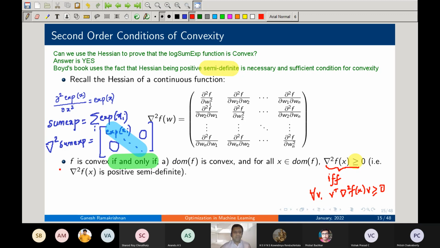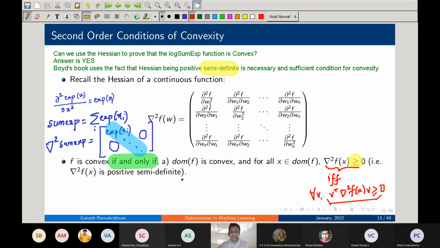So my question is, can we now look at this expression directly? We want to show this is positive for all values of V. Can I not do that for the case of log sum x? By the way, this has a name. What is this denoting?